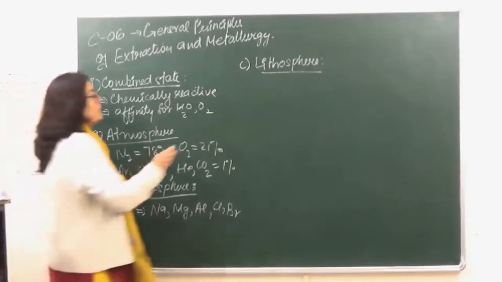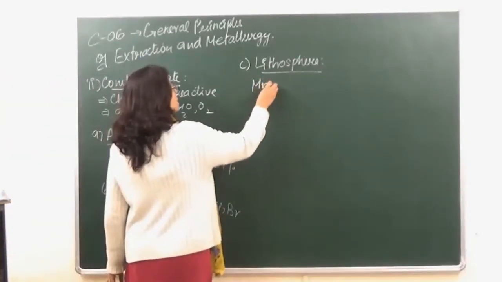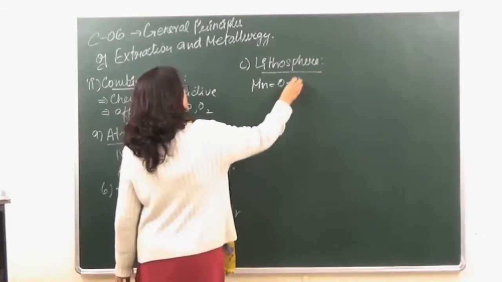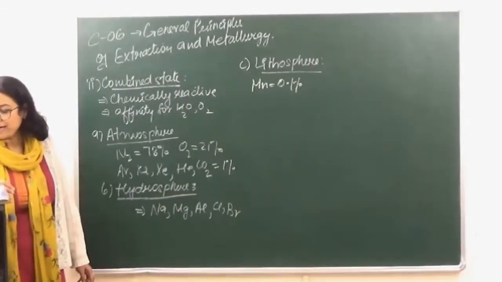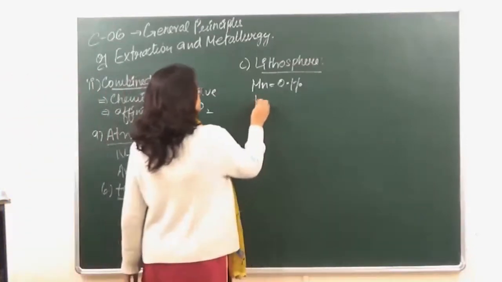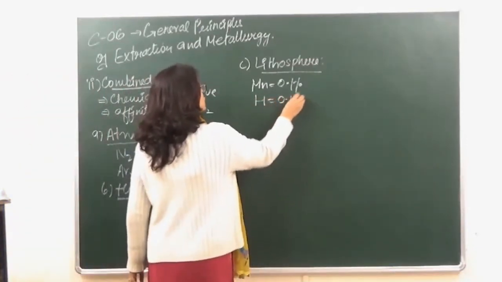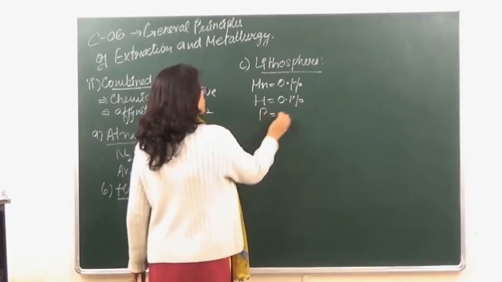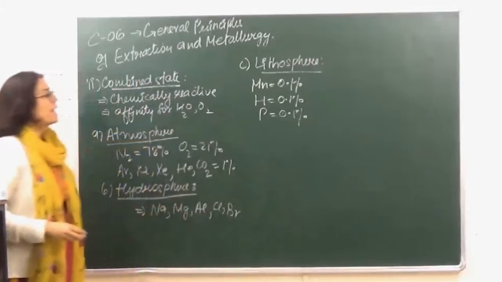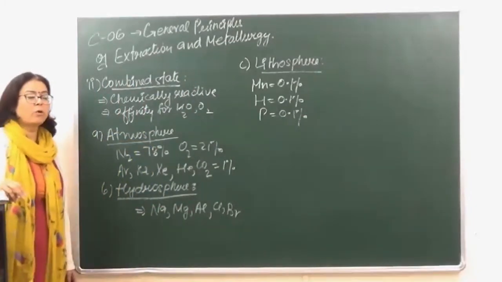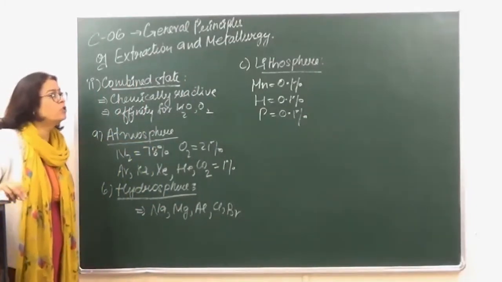Apart from that, we have manganese, which is 0.1%. Then we have hydrogen, which is again 0.1%, and we have phosphorus, 0.1%. And the rest of the elements are going to be present in very minute traces.